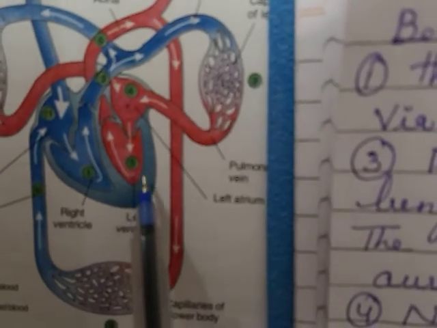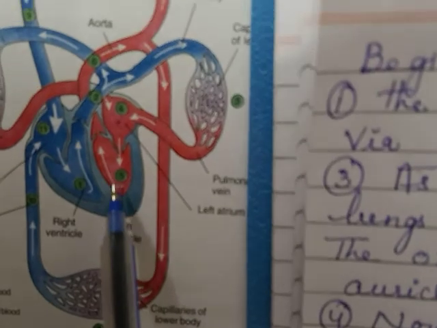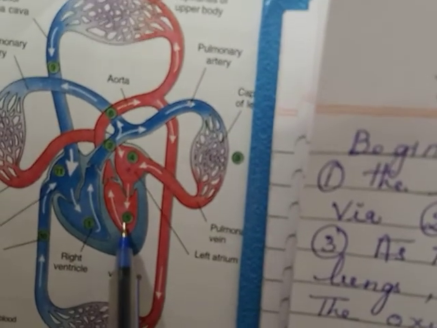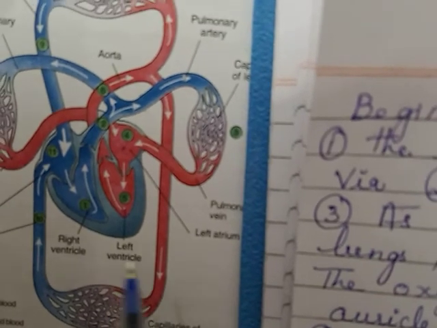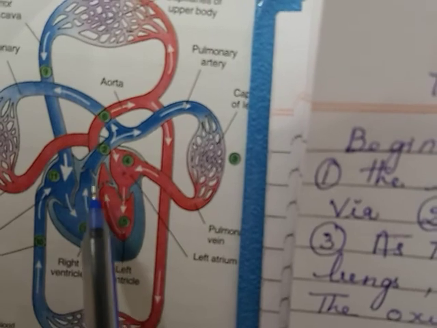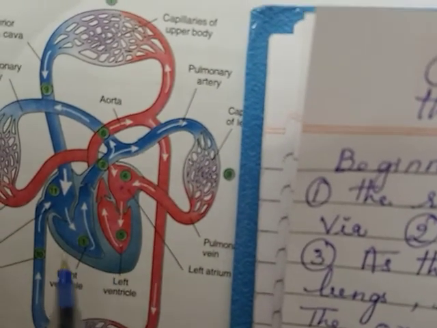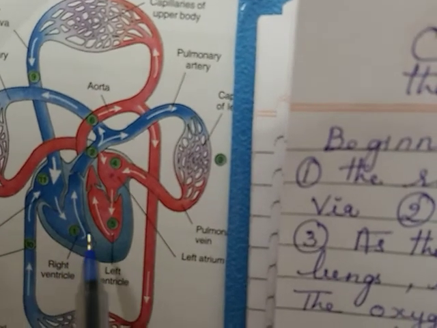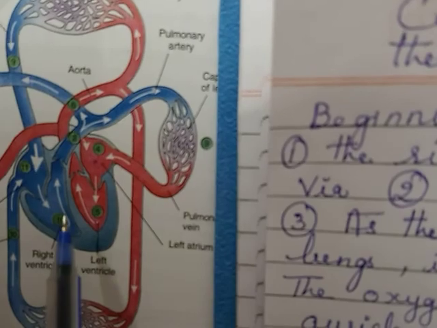This left ventricle pumps the blood to all the parts of the body, including lungs. So oxygen rich blood is now pumped to all the parts of the body, including lungs. So in lungs also the oxygenated blood will reach.